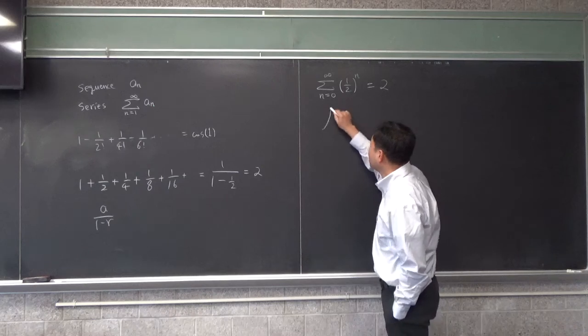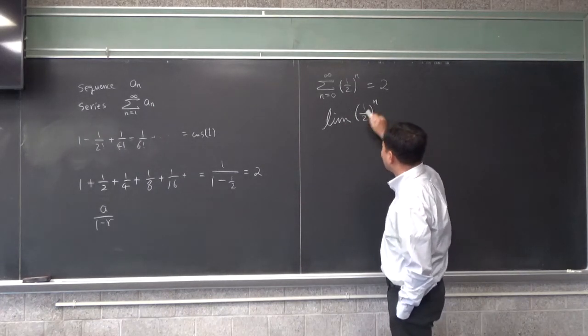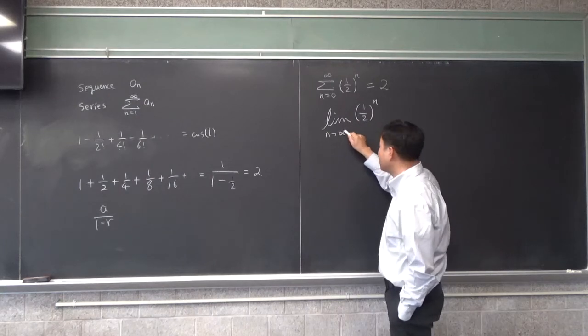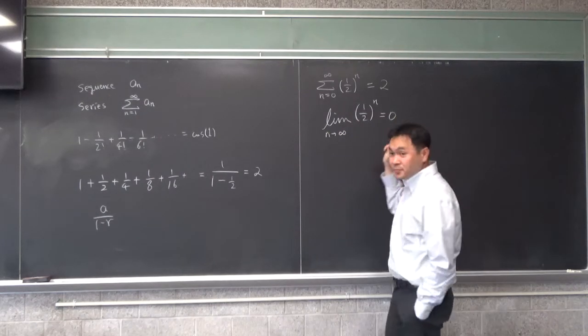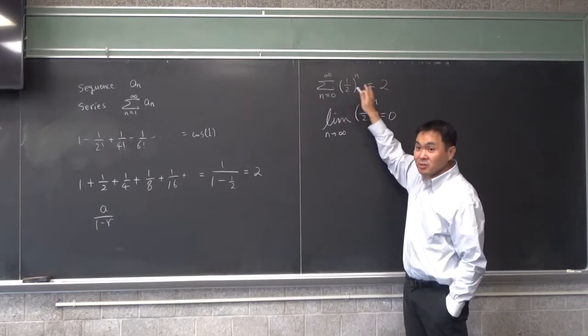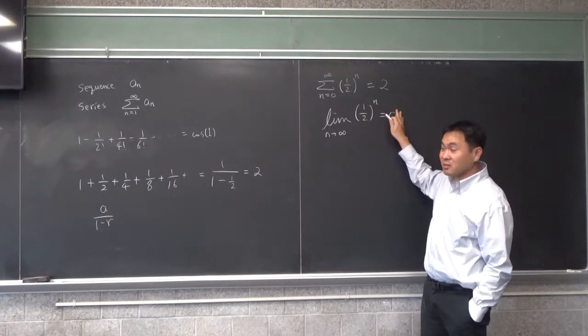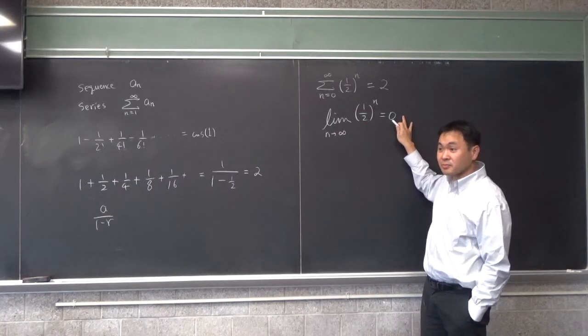Limit of the sequence, 1/2 to the nth power, as n goes to infinity, is 0. The infinite series is 2, and the individual terms that you're adding go to 0, okay?